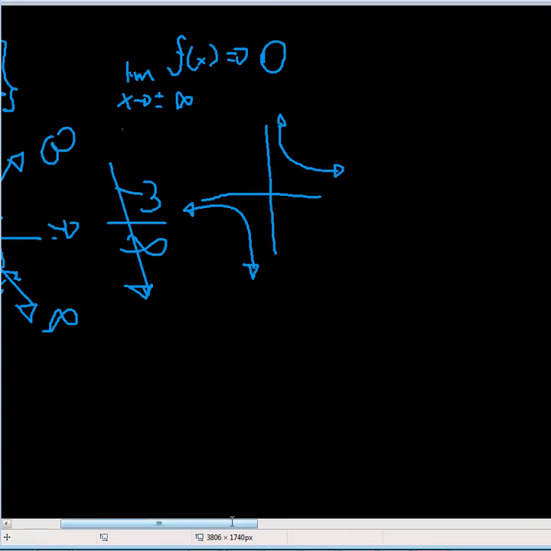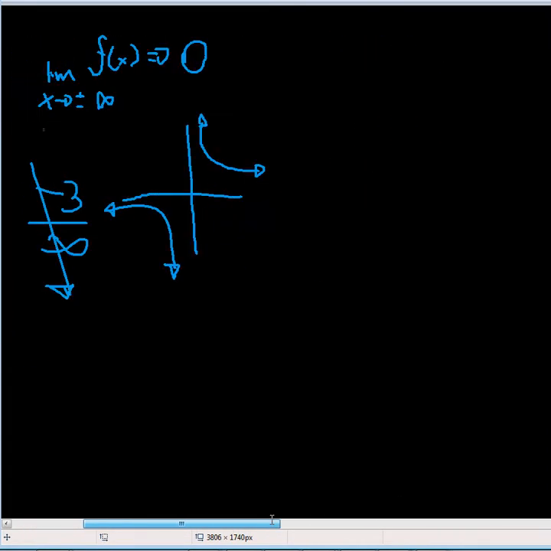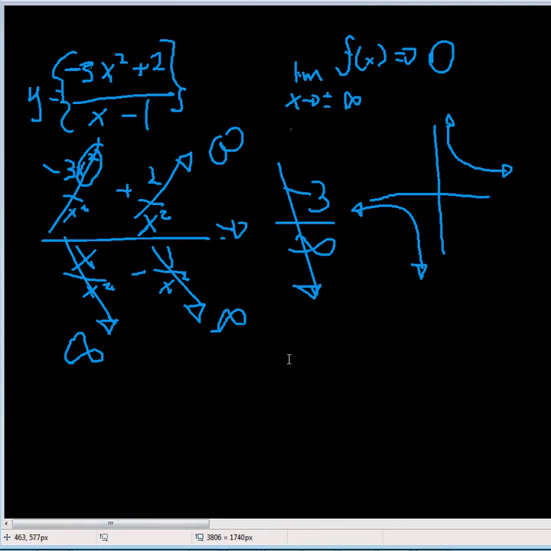Okay, so what would be better, and your teachers will probably ask you to do this, is to find the slant. With x minus 1, you're going to have to divide, plus 0x plus 2.